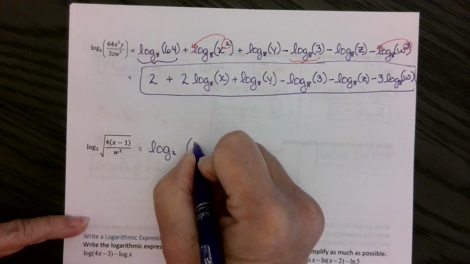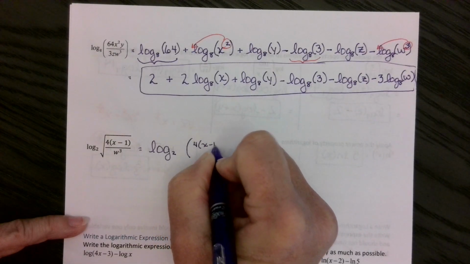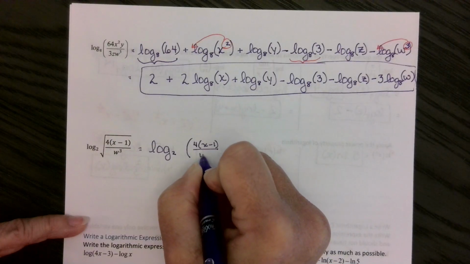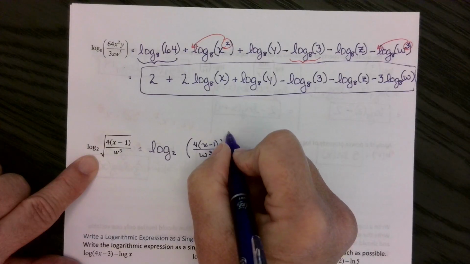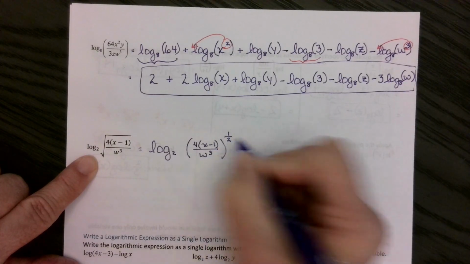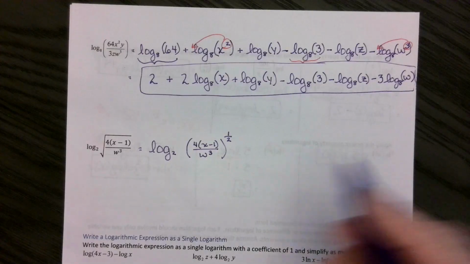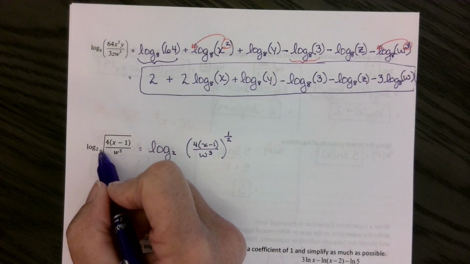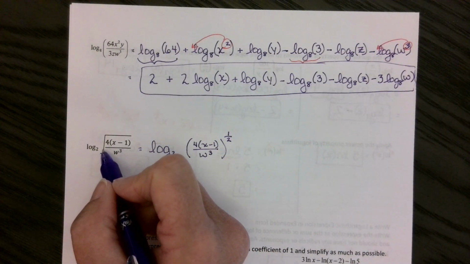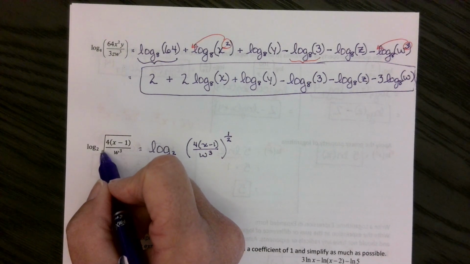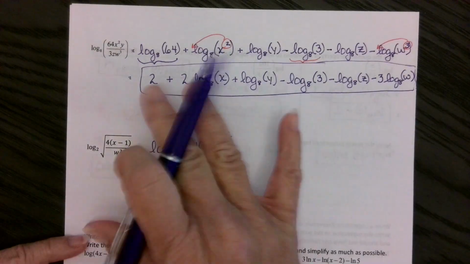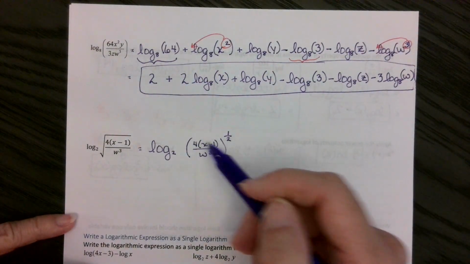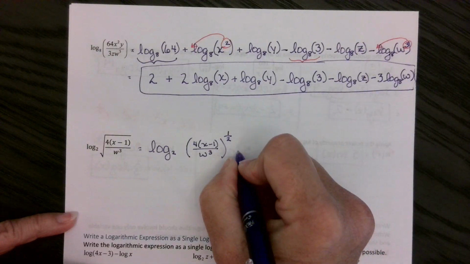So I'm going to raise this whole thing, instead of having a square root, I'm going to say 1/2, because again, there's really a 2 here. We just don't write that in there. Okay, now before I start doing anything expanding, I'm going to raise everything to the 1/2 power.